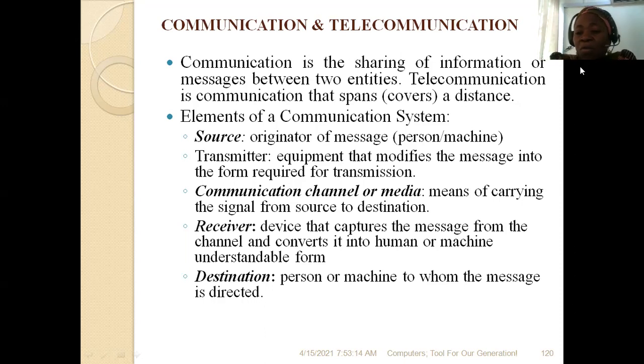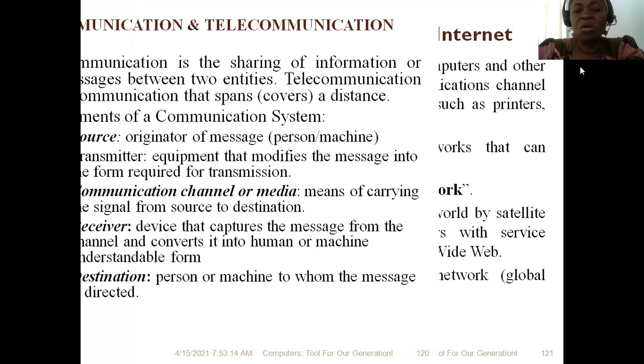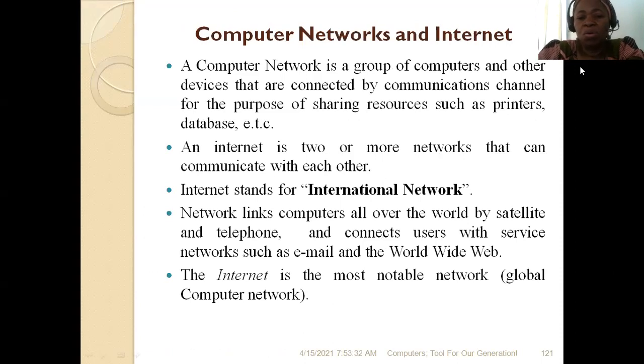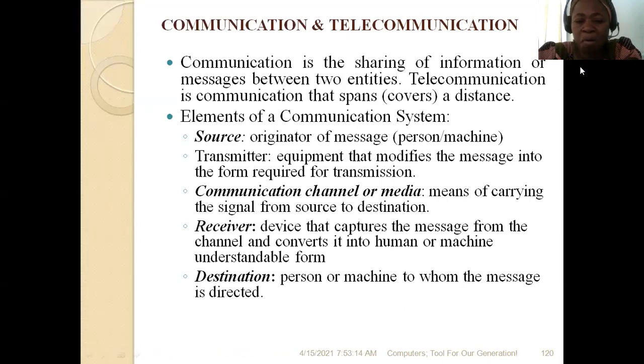All right, let's go. What are the elements of a communication system? We have the source, the communication channel or media, the receiver, the destination. So we are going to be looking at them. How many elements? 4.